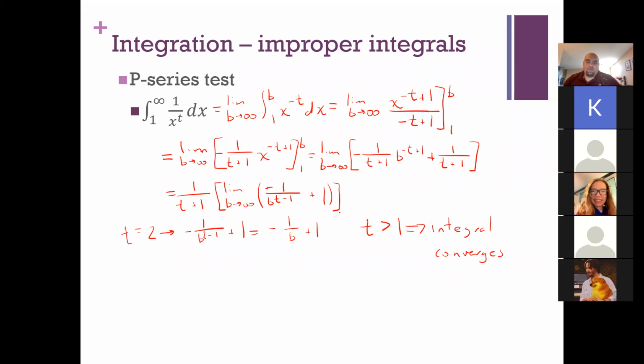So any questions on what we've done so far? Yeah, I have a question. We can see that it converges because of the outside term as well, the 1 over t plus 1, because that goes to 0 as well. T plus 1 gets bigger and bigger, right?